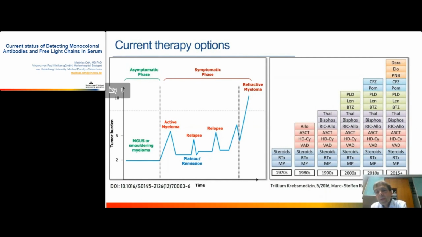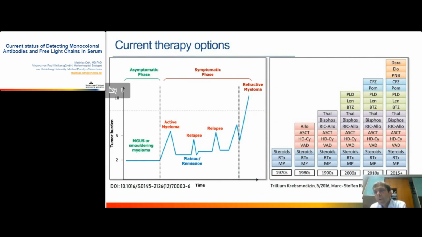A few decades ago, there were only very few treatment alternatives for multiple myeloma, such as steroids on the one hand and some rather unspecific chemotherapy. And in the last years, quite a few very positive and very aggressive treatments were developed, aggressive on the one hand in eliminating the myeloma cells, and not so much damaging the patient.